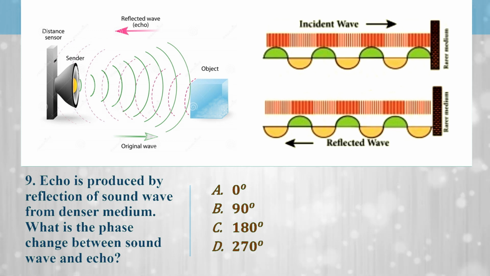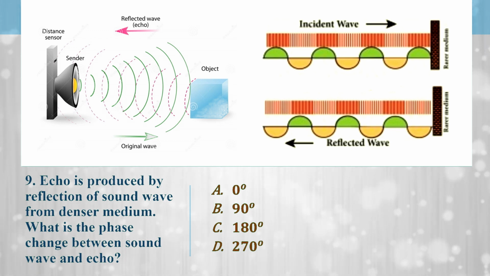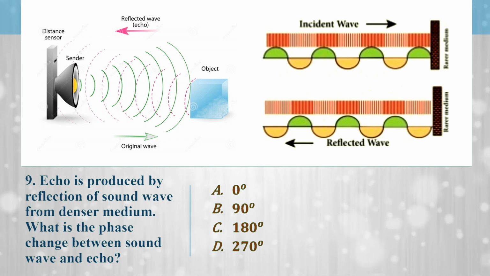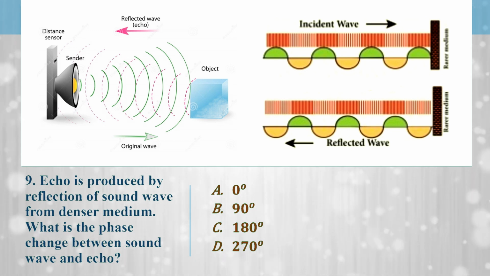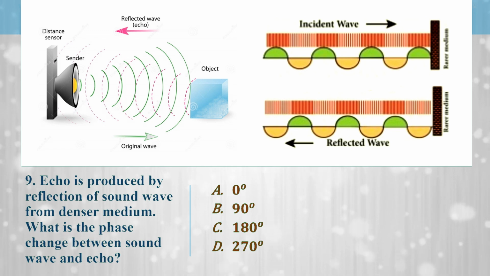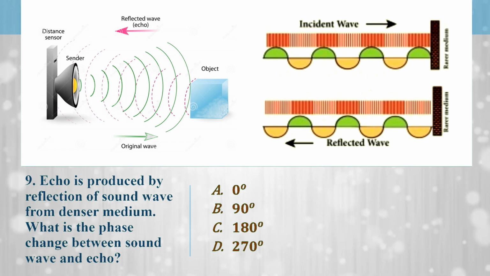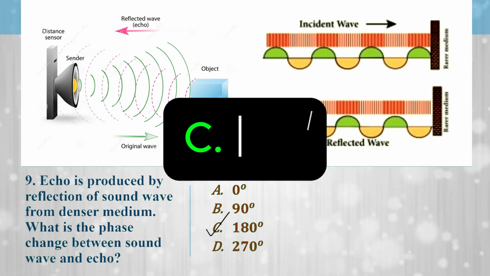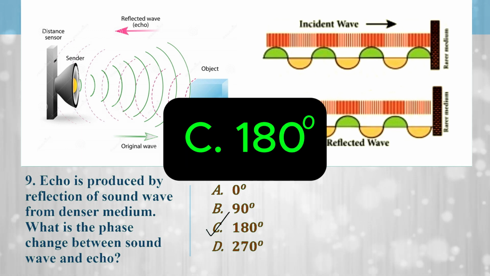During reflection, the sound wave's phase is reversed by 180 degrees, which means that compressions become rarefactions and vice versa. So the correct option is C, the phase reversal of 180 degrees.